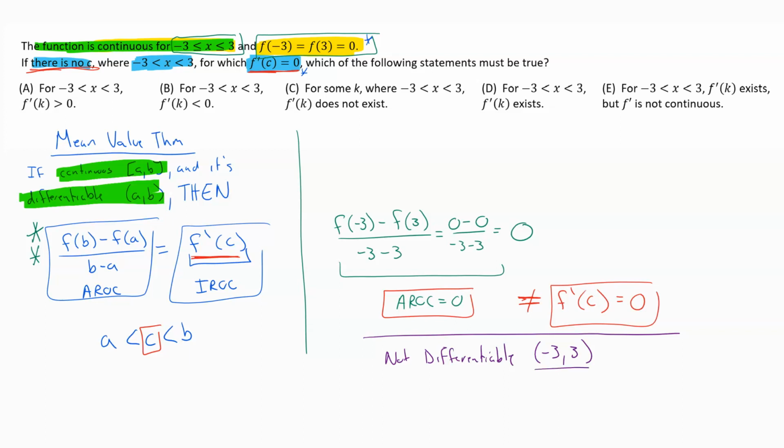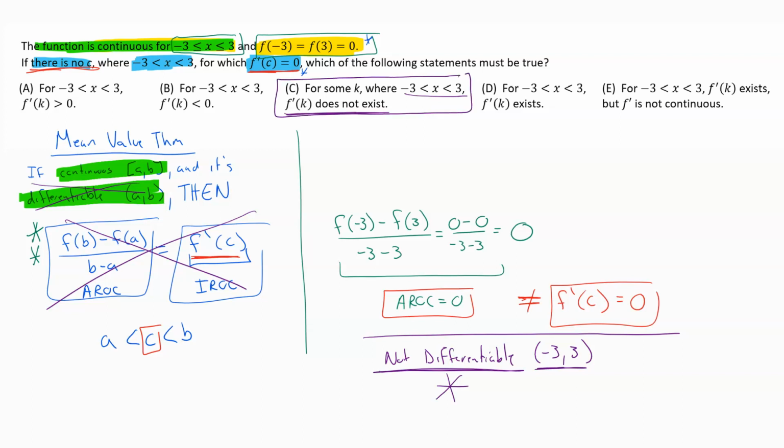So we know in this interval, at some x value, it's not differentiable, which means this part of the mean value theorem failed, which means we weren't able to draw the final conclusion. So as we come back up here, we can see that option C says that for some value between negative 3 and 3, the derivative does not exist. The function is not differentiable there. And so that would be our final answer here.